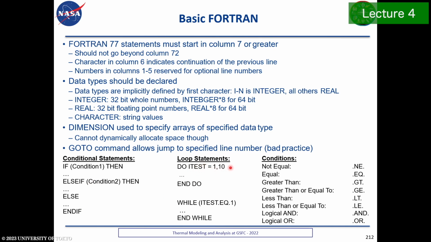You could use an increment of 2, 10, 2 to increment in groups of 2. End it with an end do. There's also a while. And then these are the different types of conditions that you could have: not equal to, greater than or equal to, less than or equal to, and then logical ands, logical ors. So you can combine these to come up with the logic that defines how the code should flow.